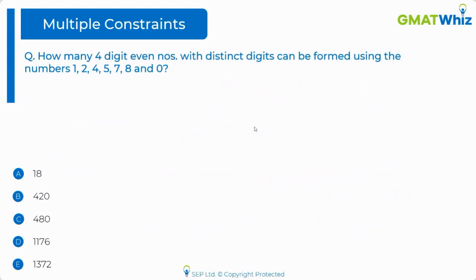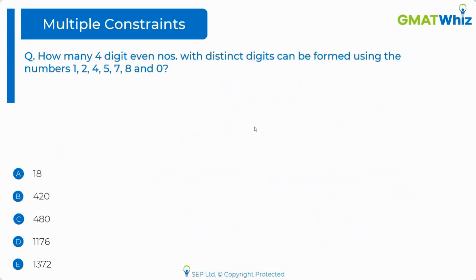Shobit says 0 being picked at last and not being picked. Okay, let me define it a bit. So what you mean to say is that either 0 can be at the last place or 0 can be at some other place except the first place. I think that would be a better way of explaining it, because 0 can be at the second and third place also. Even number and the number 0 in the first place. First digit can't be 0, last digit should be even.